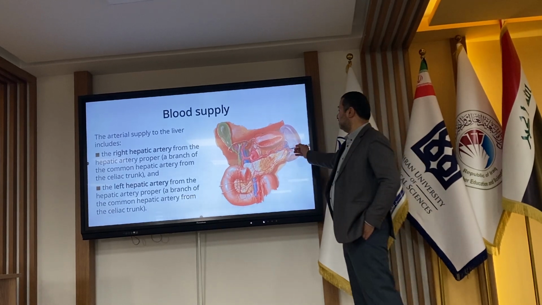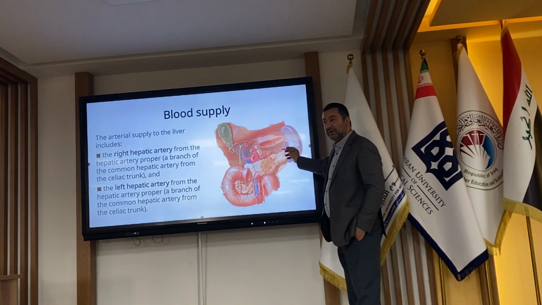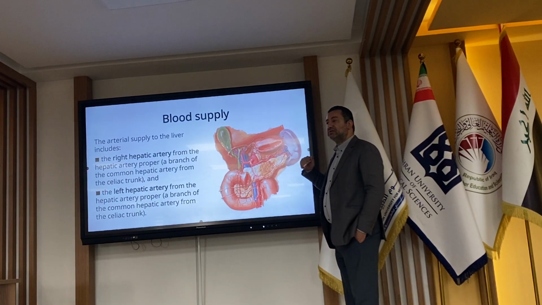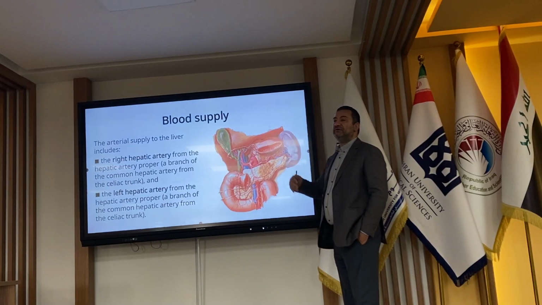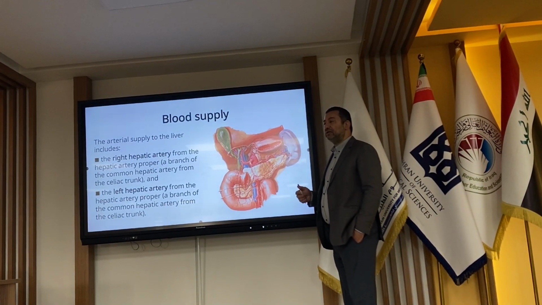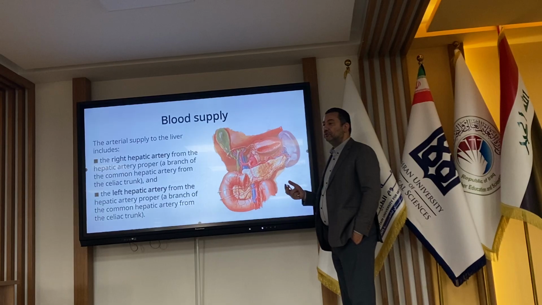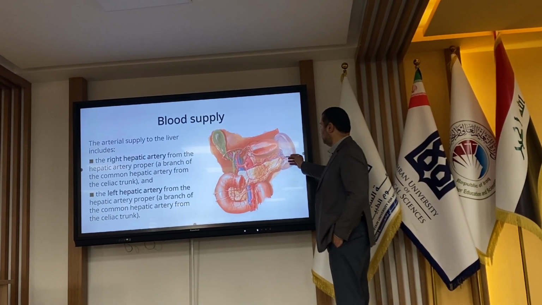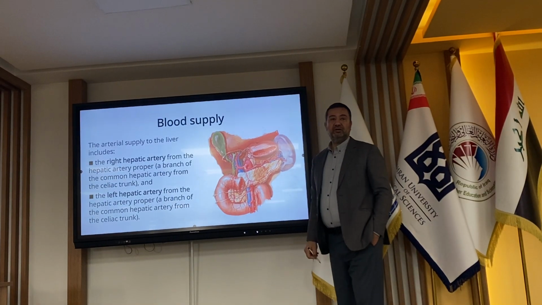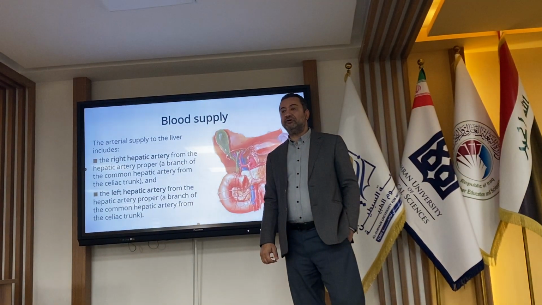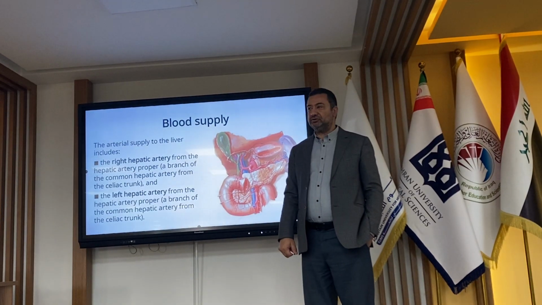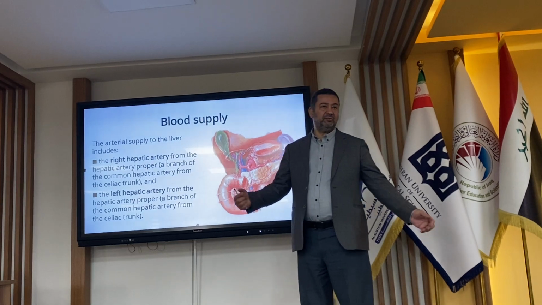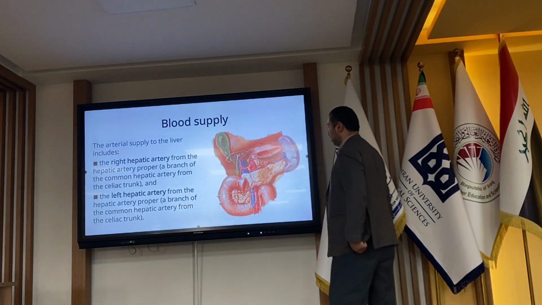From this splenic artery, there are many arteries for the pancreas, and for the posterior surface of the fundus of the stomach that are called short gastric arteries. And there is a large branch called left gastroepiploic or gastroomental artery that enters into the greater omentum and makes anastomosis with the right gastroomental artery.